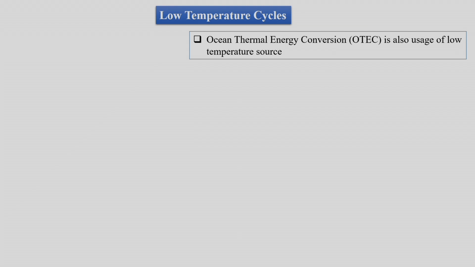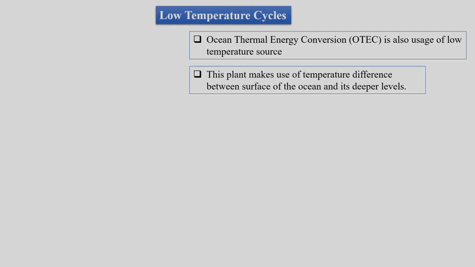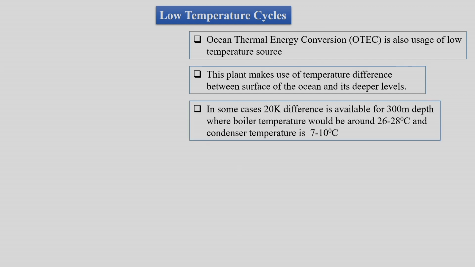Basically, we can think of using the small temperature difference in the ocean between the surface of the ocean and deep inside. A temperature difference of 20 Kelvin is available if we go to 300 meter depth.